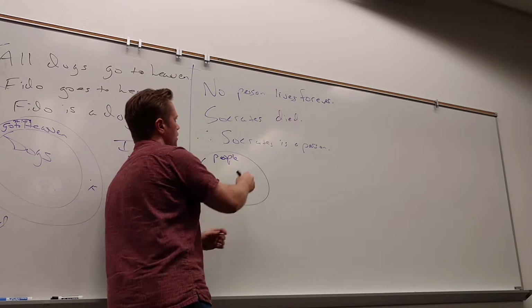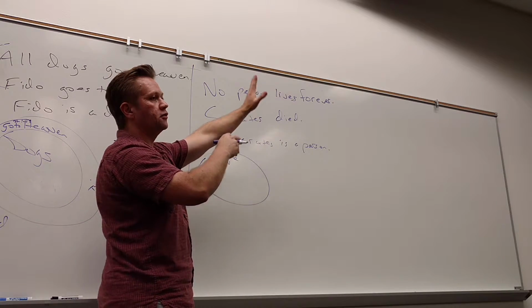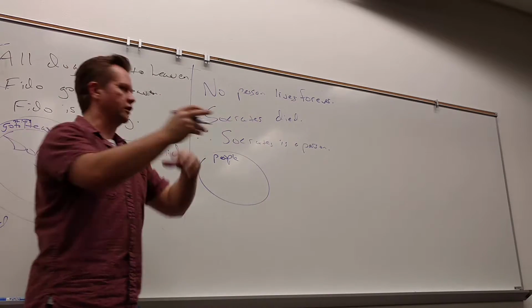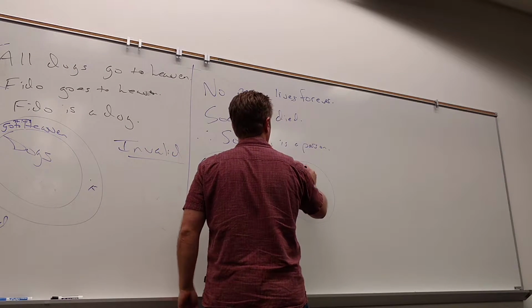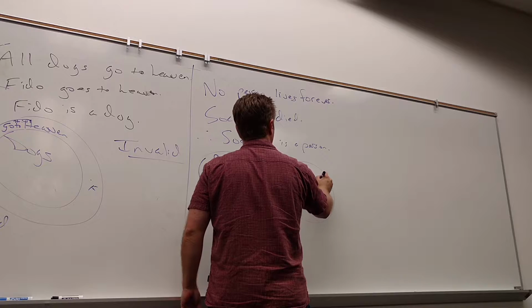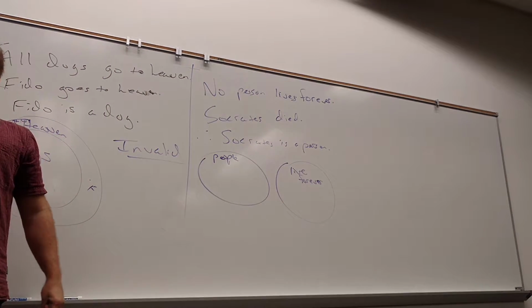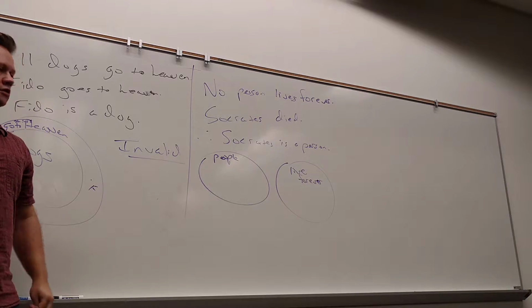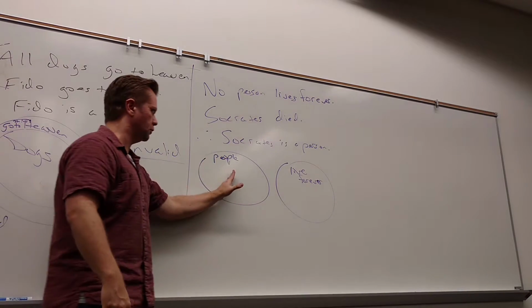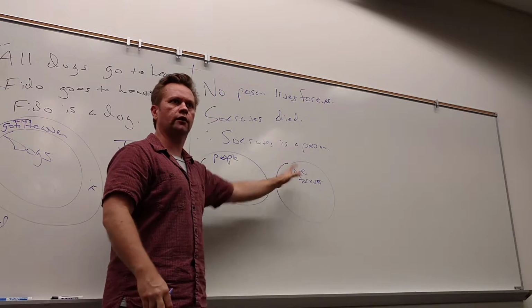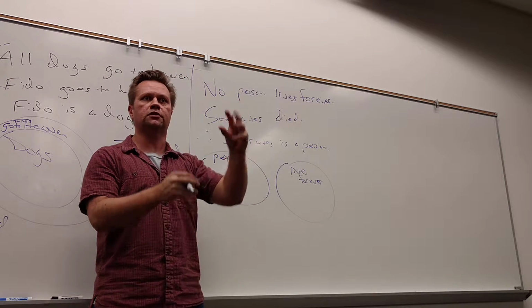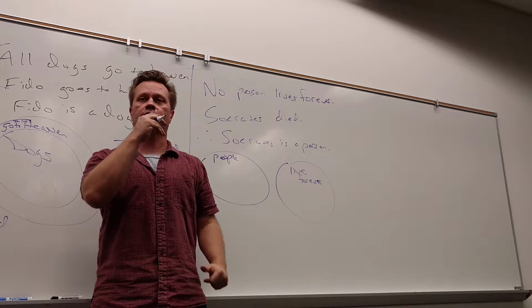There's me and you, and then put all the things that live forever over here. Maybe the tardigrades, I don't know. So they can't touch because no people live forever. So they can't overlap. If they did overlap, that would be an interesting person to talk to. They would probably be insane.